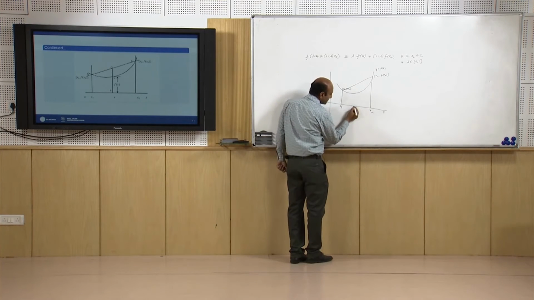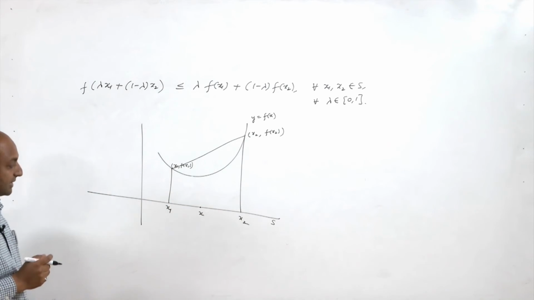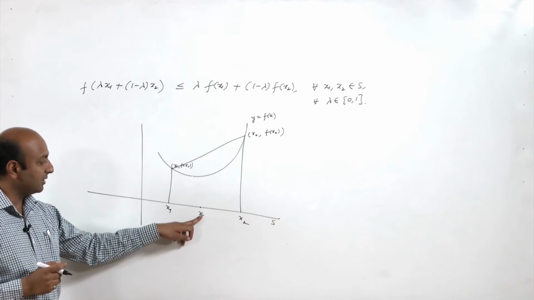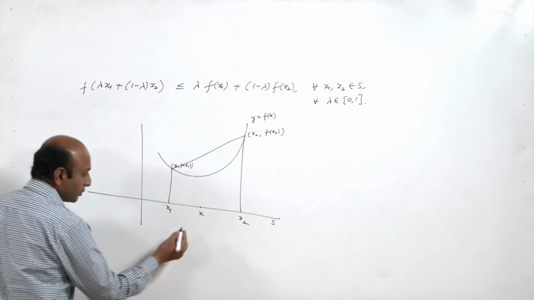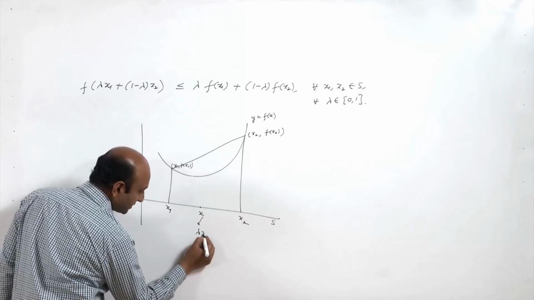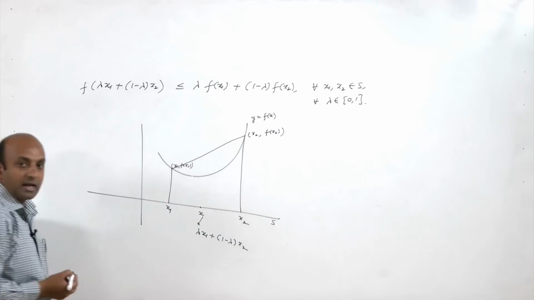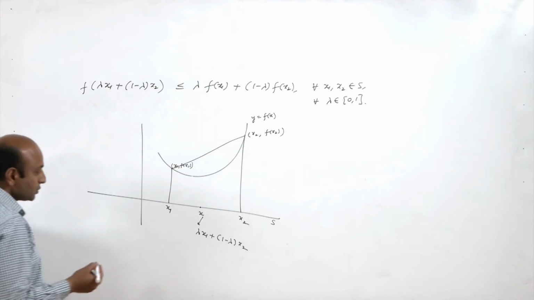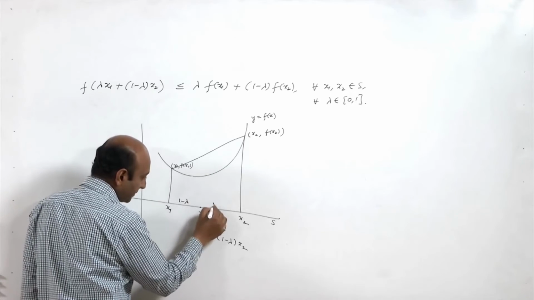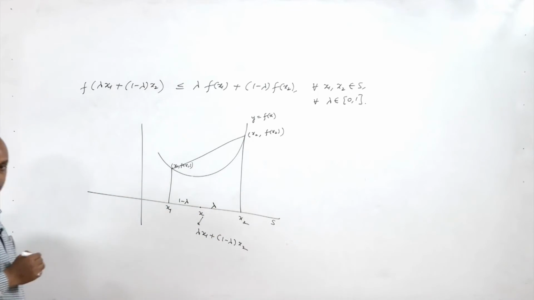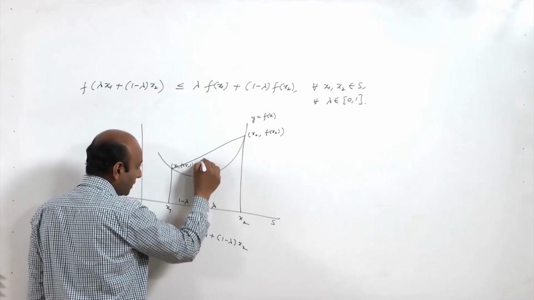Now take any x in between x1 and x2. That is, this x is the convex linear combination of these 2 points. So this will be nothing but lambda x1 plus 1 minus lambda x2 for lambda between 0 and 1. So this ratio will be 1 minus lambda and lambda. Now you join this chord here.